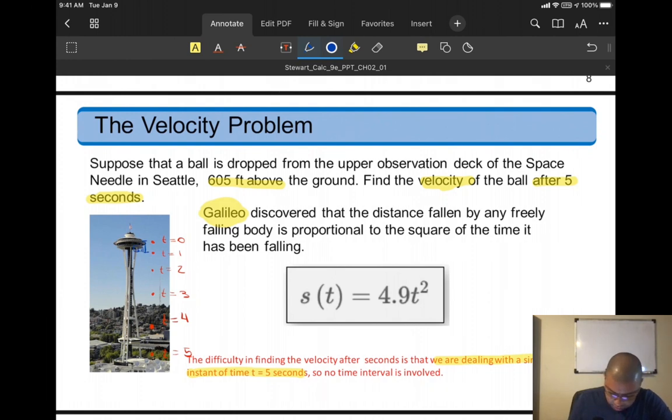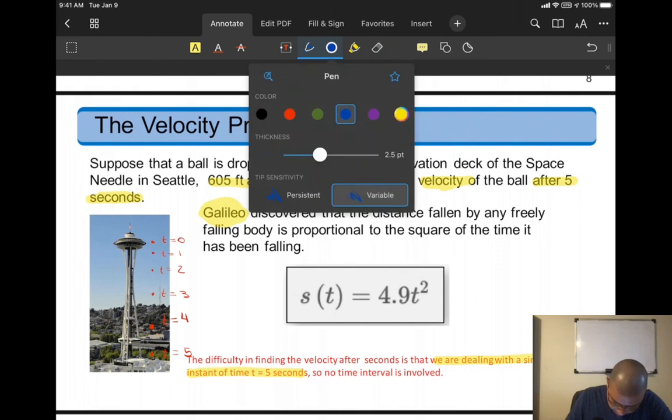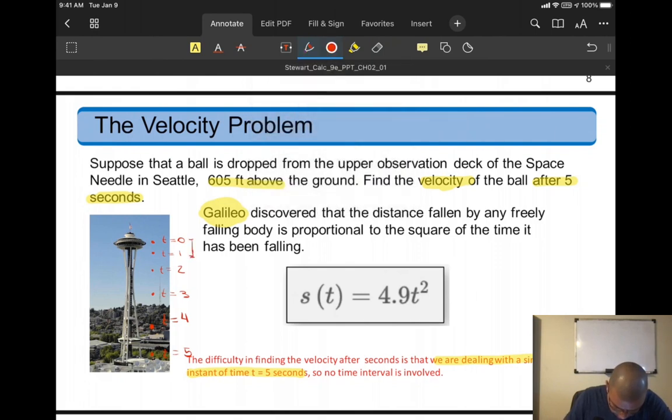Maybe use red again so you can see better. This distance between these two is s of 1, the difference between t equals 0 and t equals 1. This distance here is s of 2. This whole distance here, s of 3. Okay? And this whole is s of 5. So this formula gives us this.